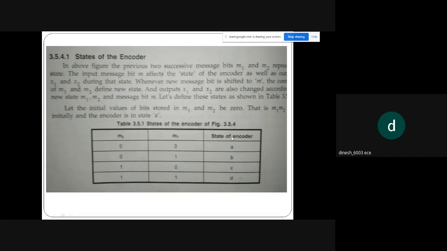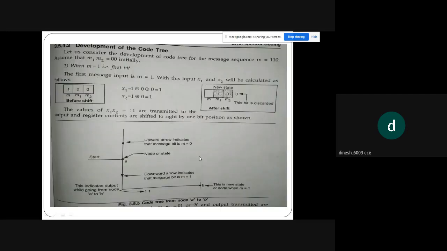So the state of the encoder changes to B. Initially m1 and m2 were 0 0, so we had A. Now after giving the m value, it has shifted to m1 equal to 1 and m2 equal to 0, which is state B. That I'll explain to you in this diagram.